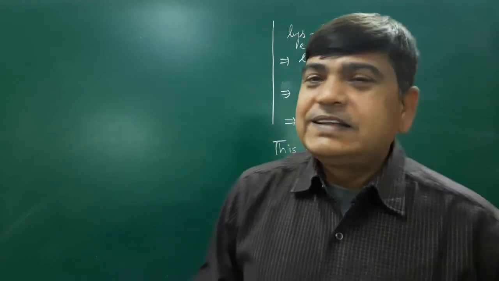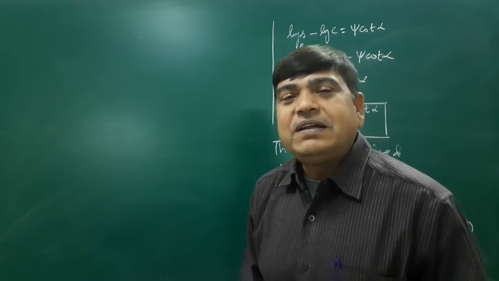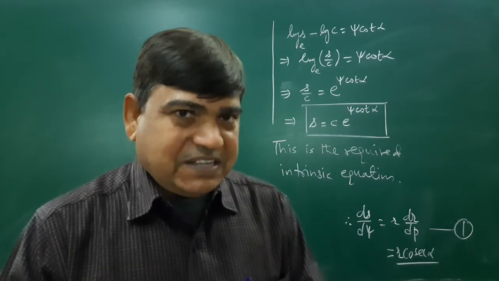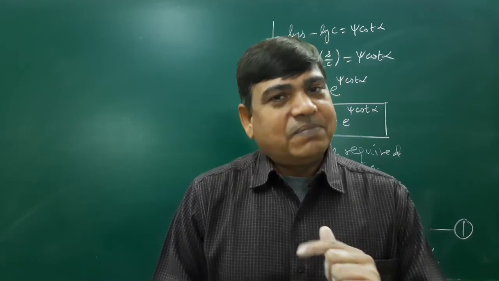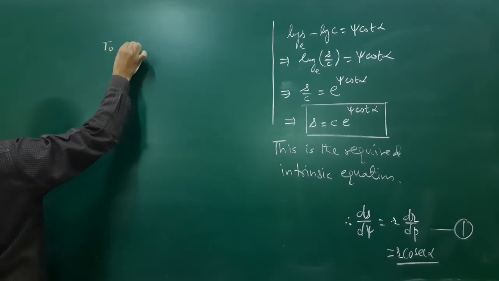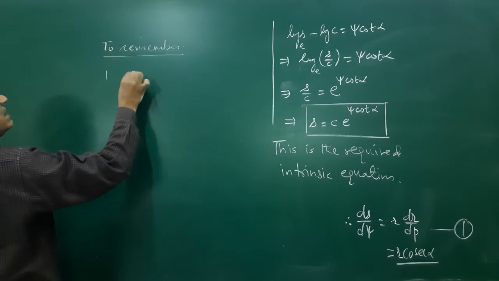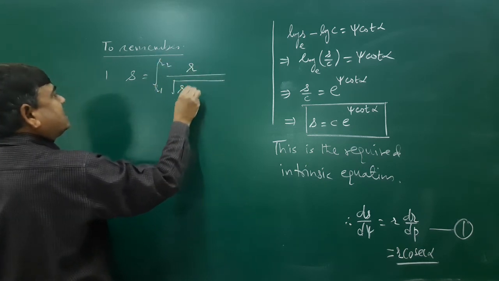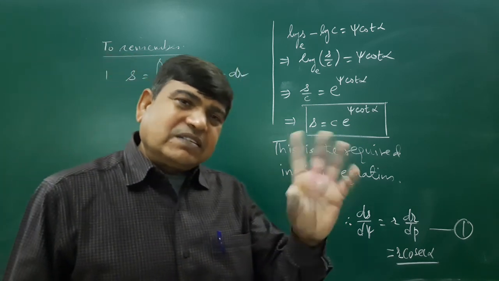So this is the way to find the intrinsic equation when the pedal equation of the curve is given. Let us revise how to find the intrinsic equation when the pedal equation is given. You have to remember: number 1, the integral from r1 to r2 of r upon under root of r square minus p square dr, just like when the Cartesian formula is given.